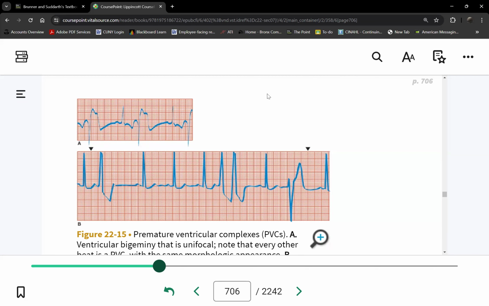And it can also occur in succession, meaning you can have two in a row, like this one, we call it a couplet. Okay? If it's three in a row, we call it a triplet. And then four in a row, quadruplet.